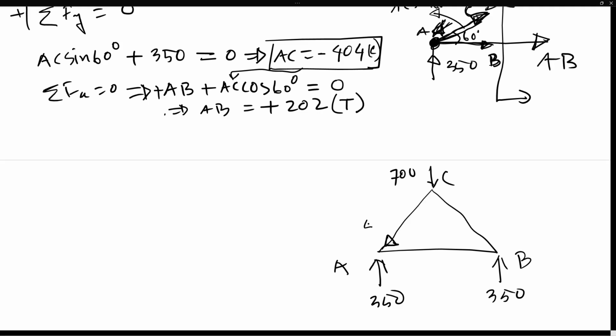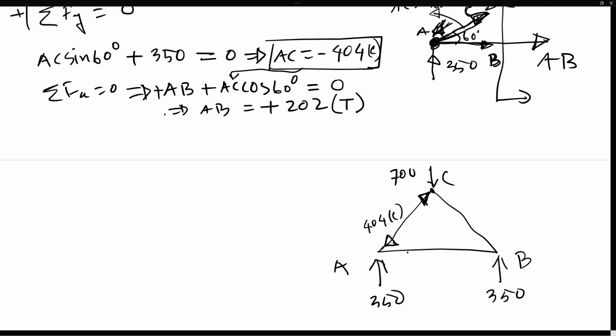So that's going to be 404 compression. And here you do in this direction, because like I said, if a point is pressing the point you're looking at, then it indicates compression. So you have to have a direction right here into C.